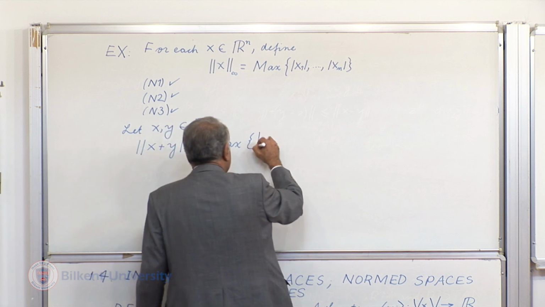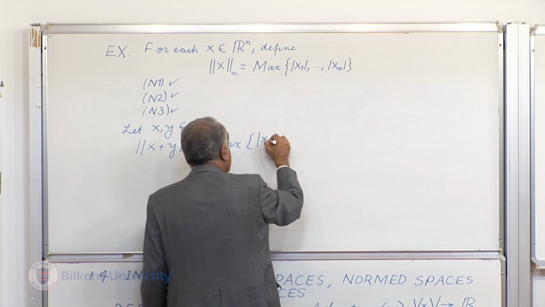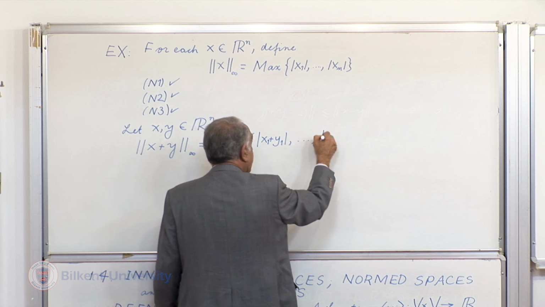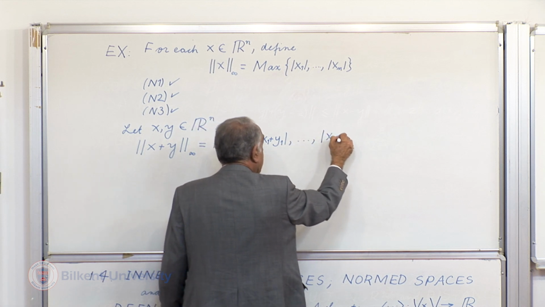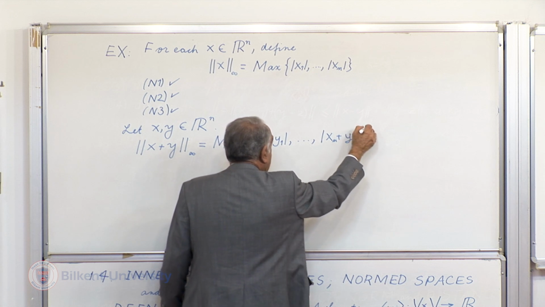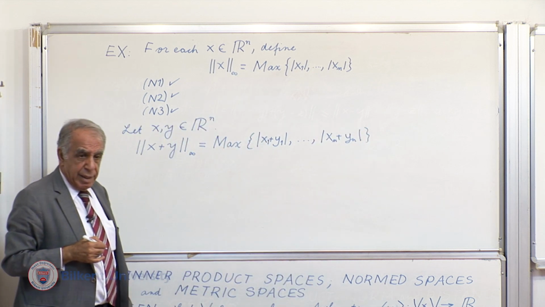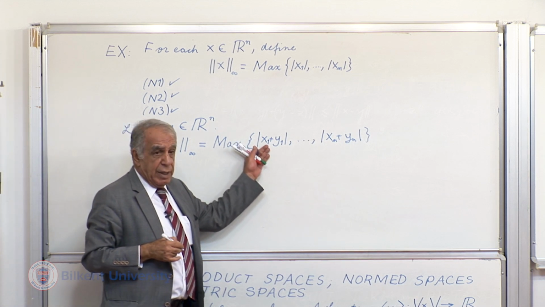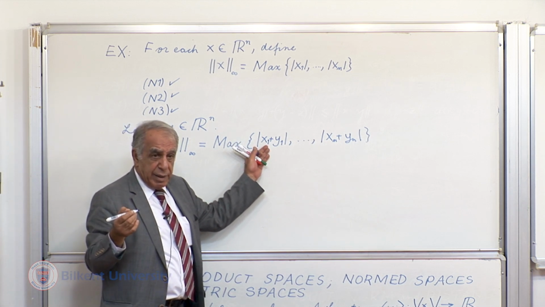But now, the first component is x1 plus y1, the absolute value of that, then xn plus yn, the absolute value of that. But we know this absolute value obeys the triangle inequality.